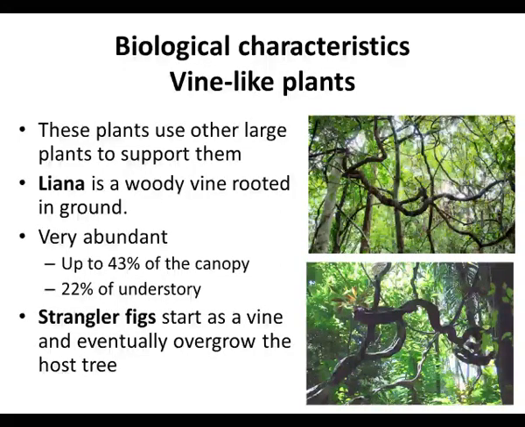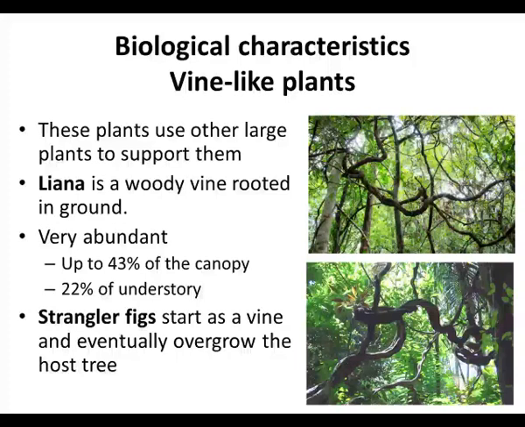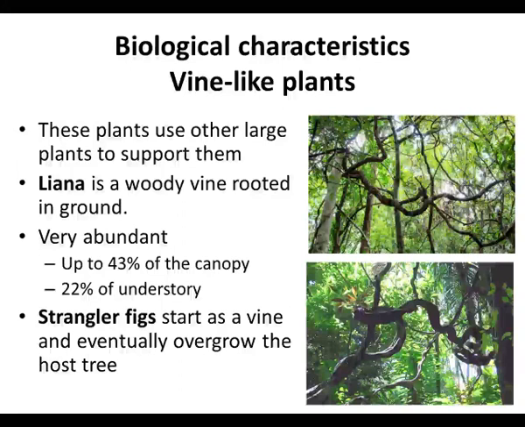And if you really experience a rainforest, you will realize that everything's interconnected by these vine-like plants. And in some locations, the biomass of the canopy is mainly, like half of it, due to these vine-like plants, and in some other cases the understory is heavily connected with these vine-like plants too.